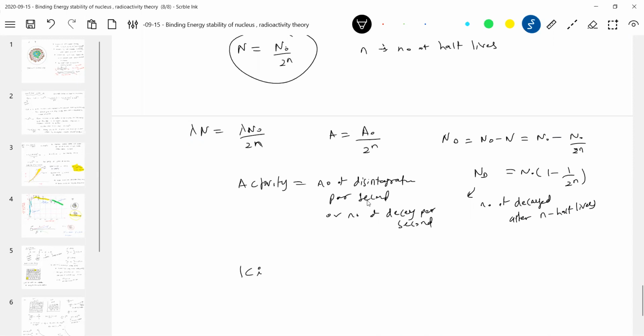And 1 curie is equal to 3.7 into 10 to the power of 10 becquerel, where 1 becquerel is 1 disintegration per second.